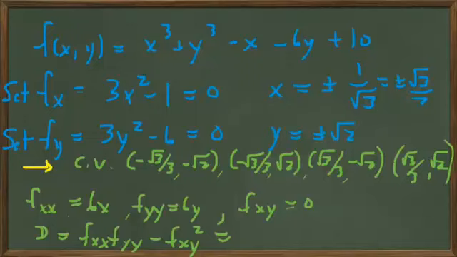So here, with both x and y coordinates being negative, the product f sub xx, f sub yy is going to be a positive number. Here with the x value negative and the y positive, f sub xx times f sub yy is going to be a negative number, again here, positive number again here.